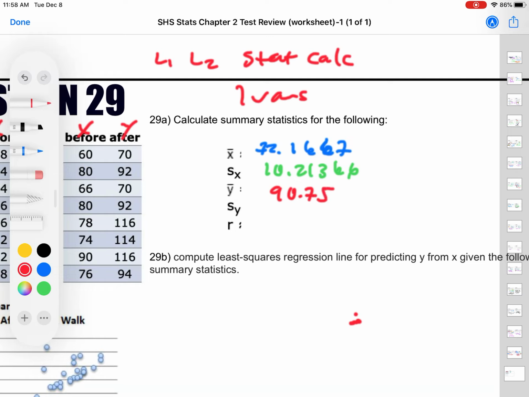Then 90.75. Standard deviation of the Y, 17.78922. And correlation 0.848649.